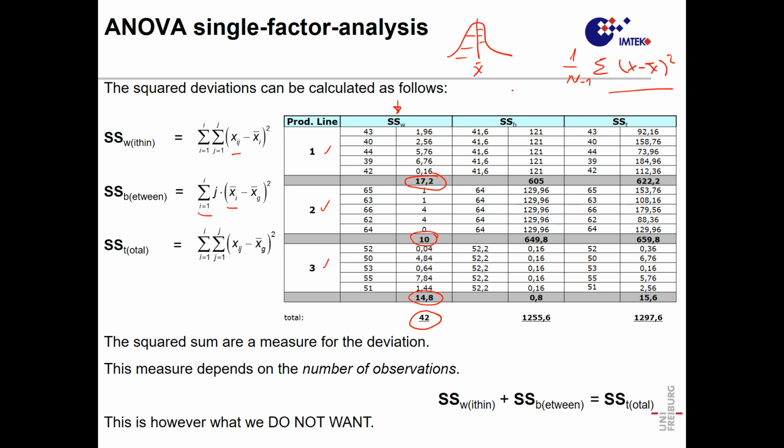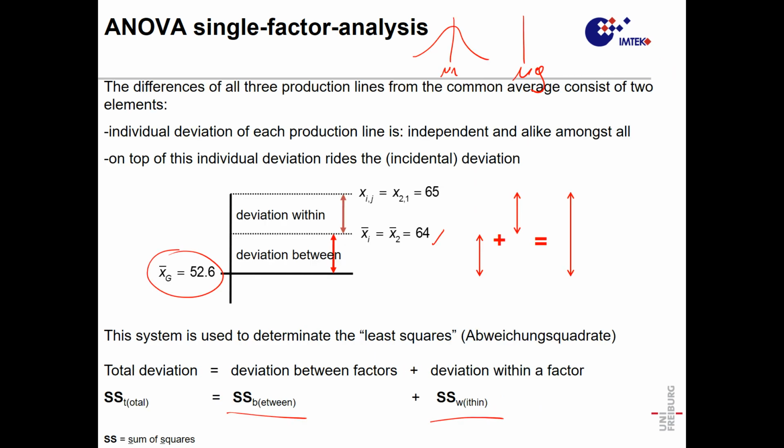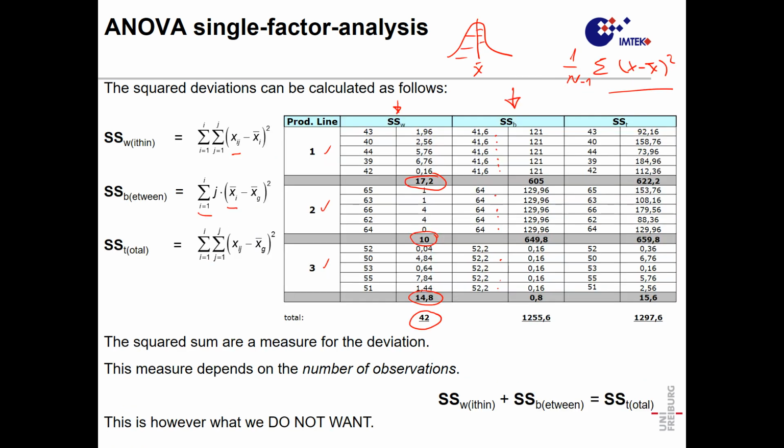So you come here and you have to repeat your mean many times, and you have to subtract it from the general mean, which in our case was 64. So if you subtract and square, it gives you 121, repeated many times, 605.